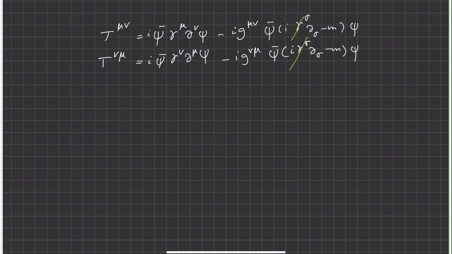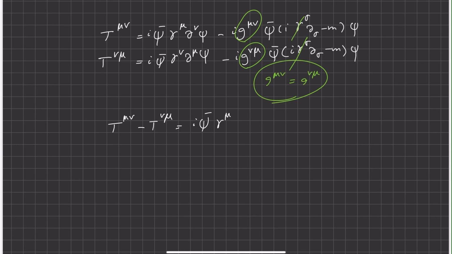And these two terms are going to cancel out each other when we subtract them with the condition of g mu nu is equal to g nu mu, which is in general correct for a good metric. So this term, the second term, is going to cancel out. So t mu nu minus t nu mu is equal to i psi bar gamma mu nu.